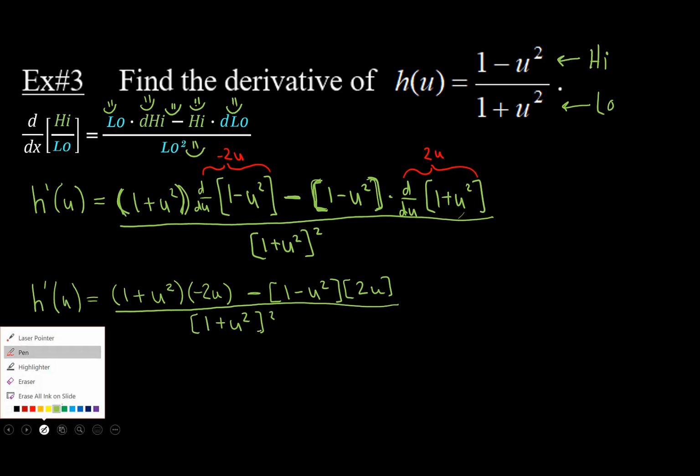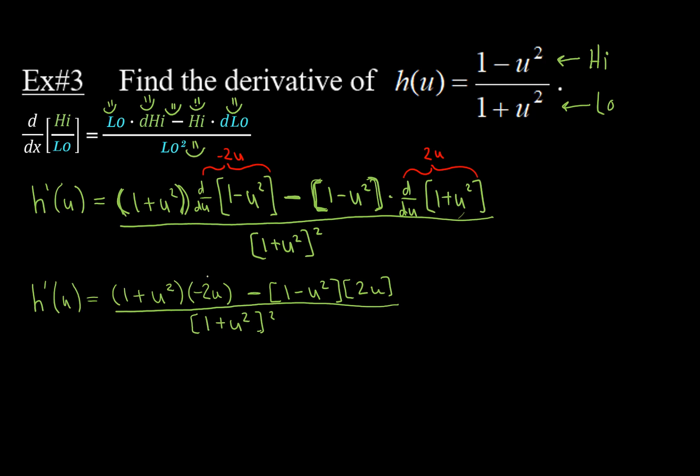Now I need to simplify the top. So I'm going to distribute out this negative 2u. And I'm going to do a little trick here because I need to distribute out the negative and I need to distribute out the 2u. So I'm going to do that in one fell swoop. I'm going to turn that 2u into a negative 2u, and that changes this minus to plus, and then it's a little bit easier to do.